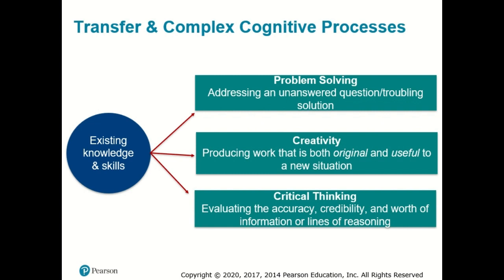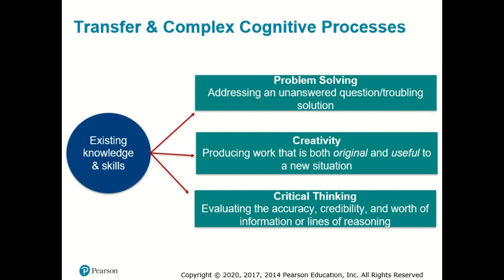of these definitions. So, why did we learn transfer first before learning complex cognitive processes? Because in order to exert these kinds of complex cognitive processes, you need to know how to apply existing knowledge and skills in a new context. So problem solving can be defined as addressing an unanswered question or troubling situation.